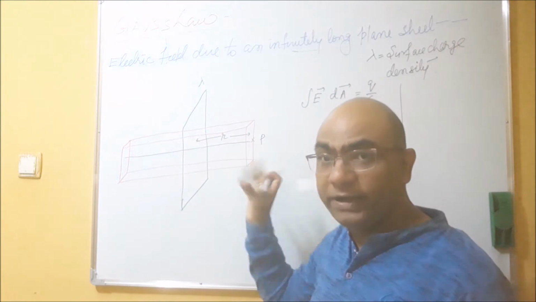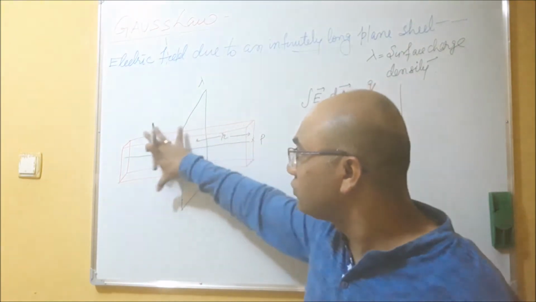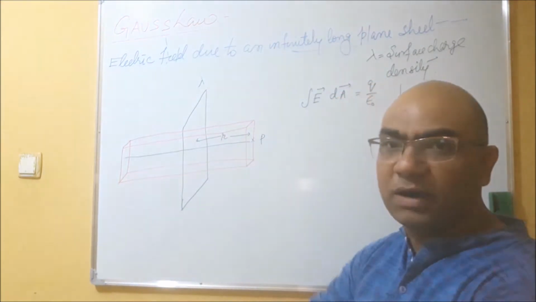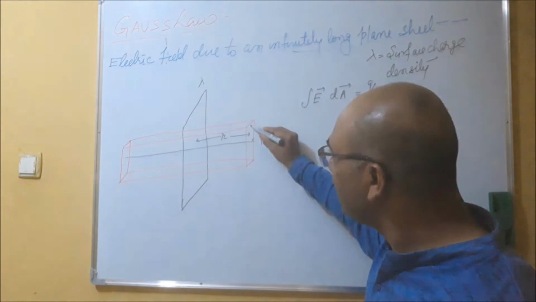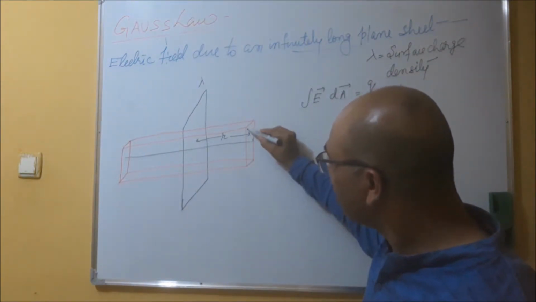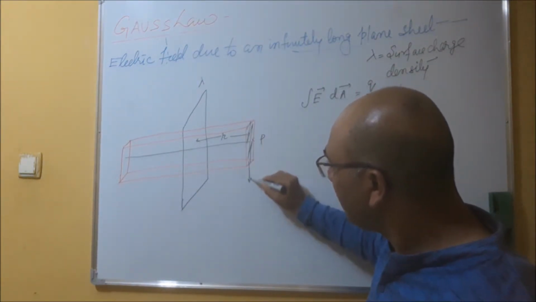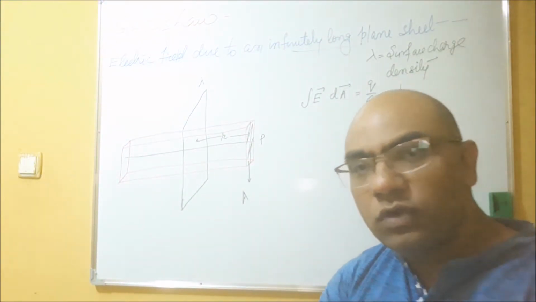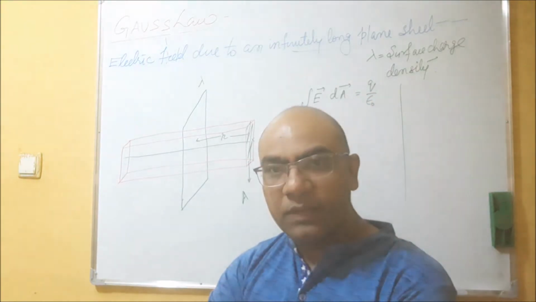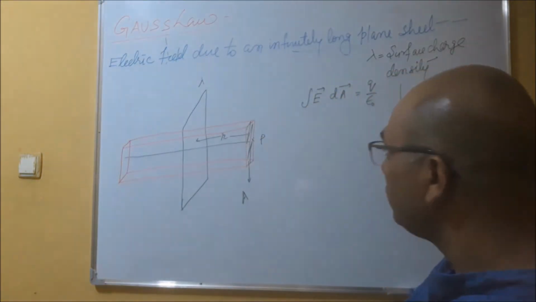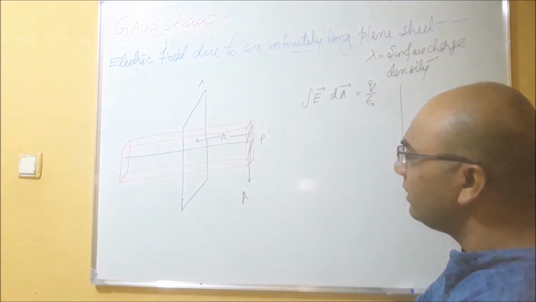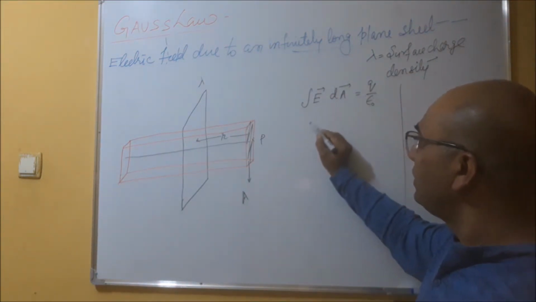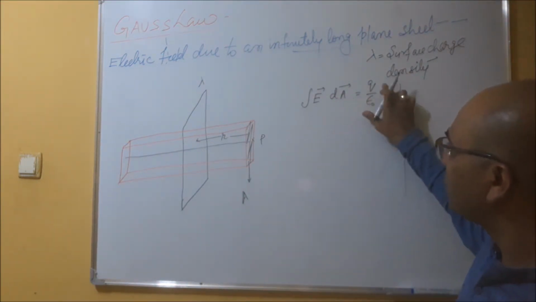So in Gauss law, first, this is the Gaussian surface. The Gaussian surface is a cuboid, which is passing through this plane sheet. The sheet is very long, so we are taking only this part, and I am saying this area is A, right? So if this area is A, then see the electric field E, the area dA and Q upon epsilon naught.